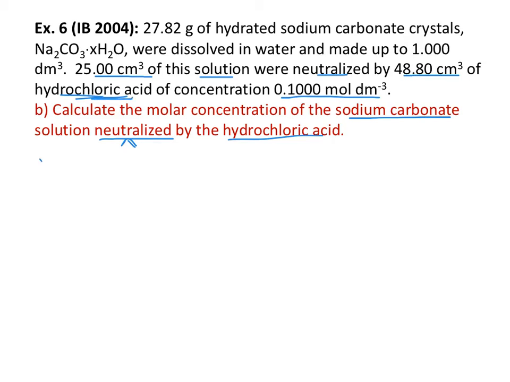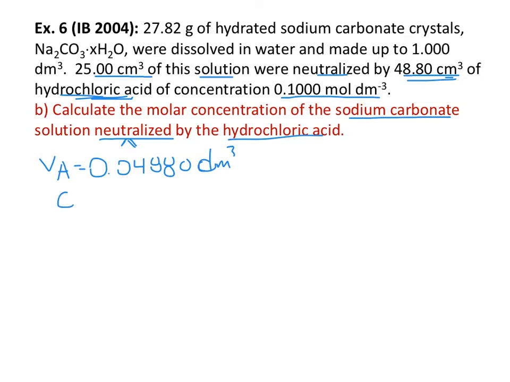I know that the volume of the acid is given here at 48.80 cubic centimeters. Since I know I'm looking for decimeters cubed, I'm just going to go ahead and convert this one. I showed that work earlier if you need to review it. So it's going to be 0.04880 decimeters cubed.